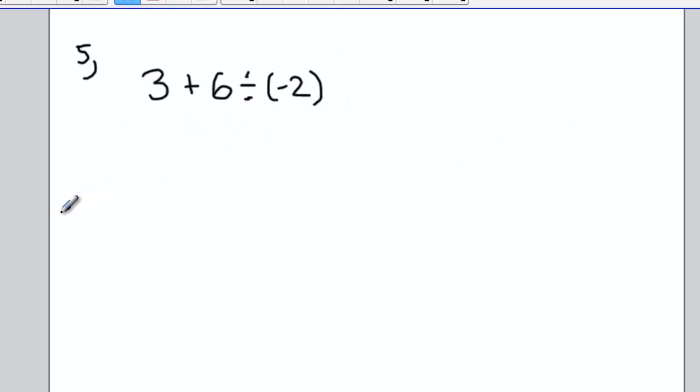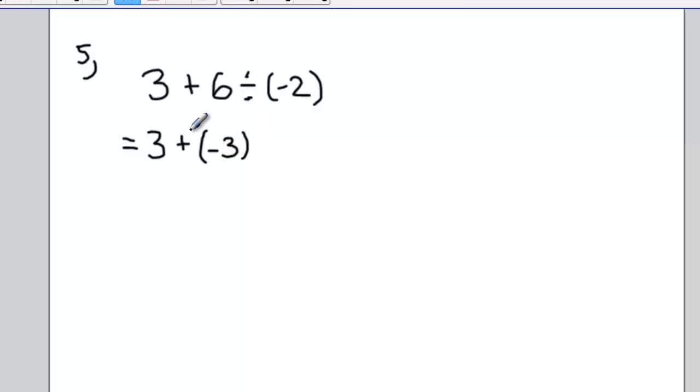Last question, 3 plus 6 divided by -2. Again, we start by solving the division. So we had 3 plus 6 divided by -2, when we have a positive divided by a negative, so that ends up being -3. As we're working through this question, I have 3 plus, in brackets, -3.